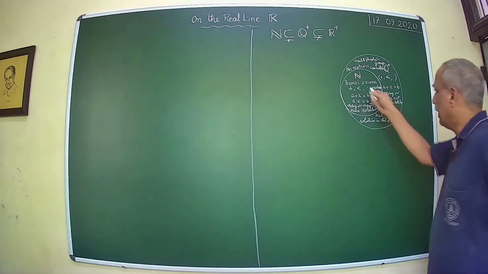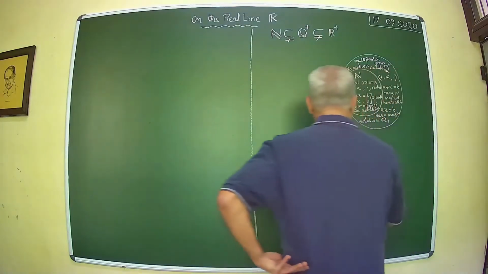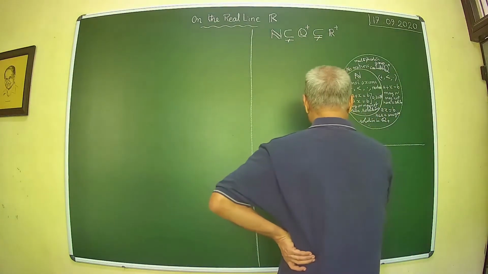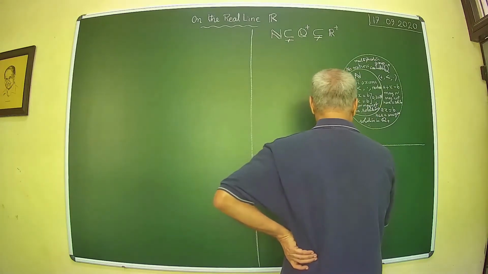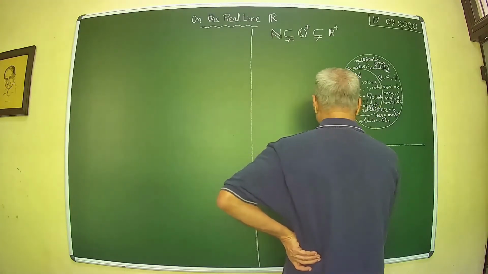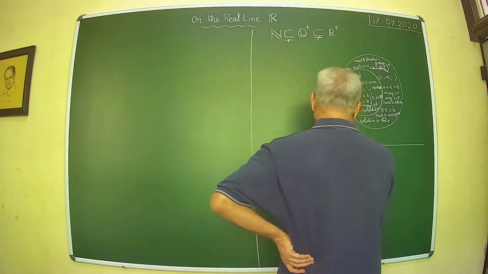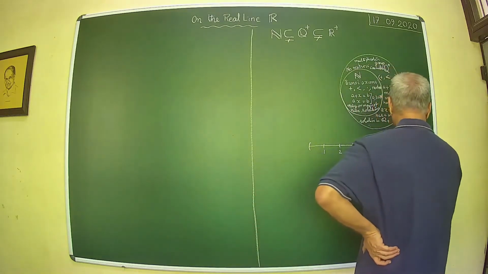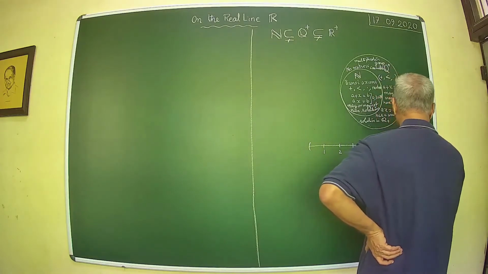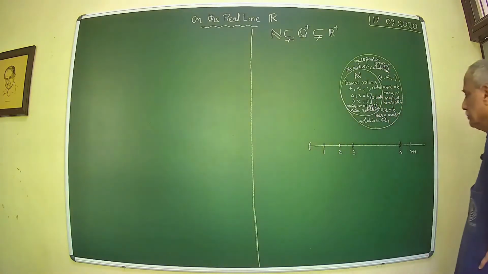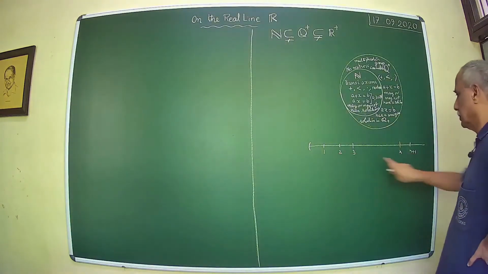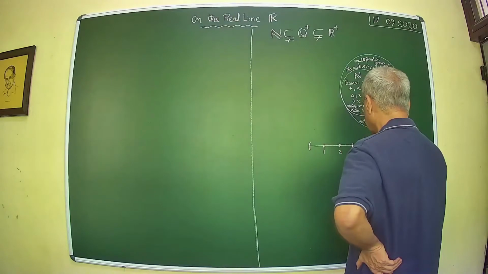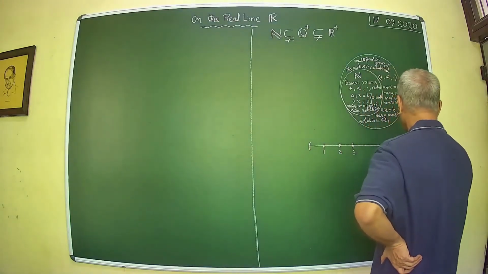Therefore, we made an attempt at this stage to put everything on a line with 1, 2, 3, etc. You would mark 1 unit, and so on. These are the natural numbers, so these points correspond to the natural numbers. You have the concept of nextness.